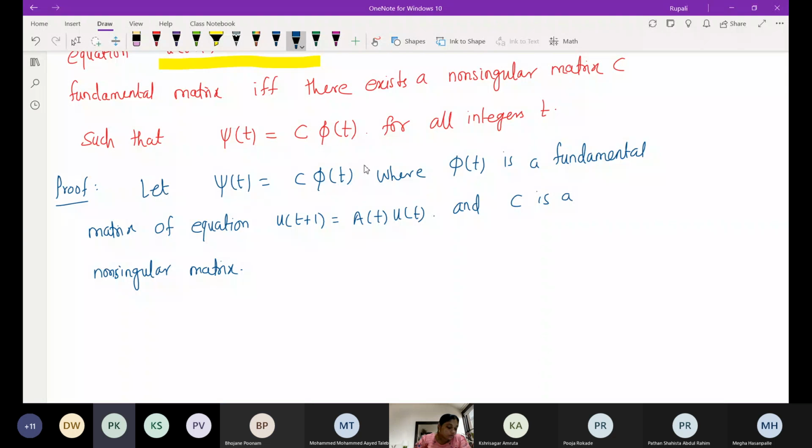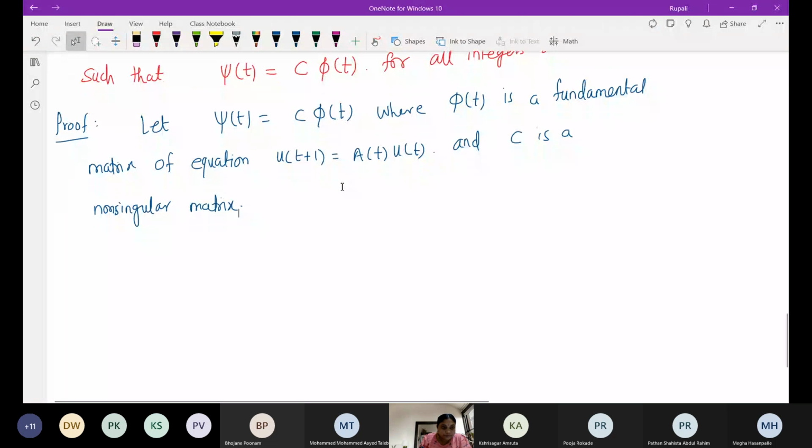That is also non-zero. Phi t is a fundamental matrix and C is a non-singular matrix, so the determinant of phi t is also non-zero for all integers t.